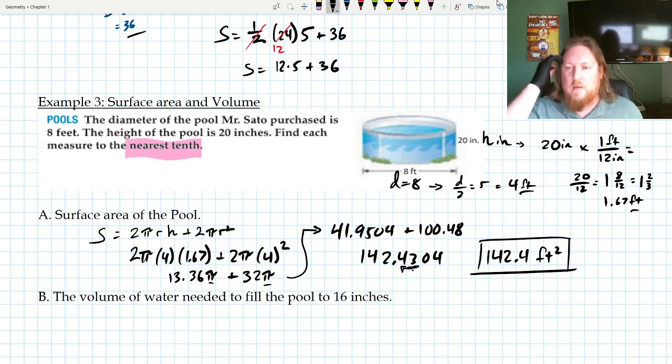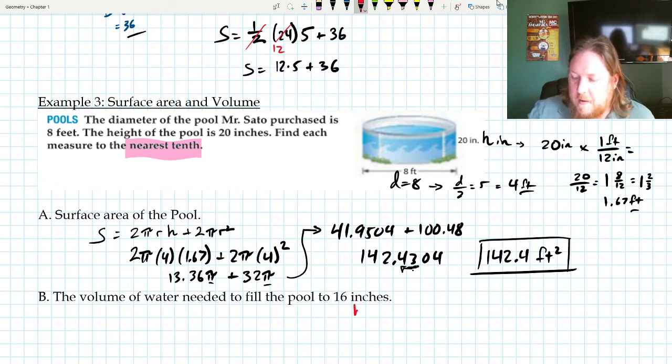Next up, the volume of the water needed to fill the pool to 16 inches. Now they give you the 16 inches here because that changes the height. So we're going to have to change the height again. 16 inches times 1 foot over 12 inches.